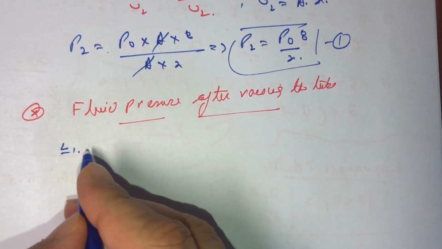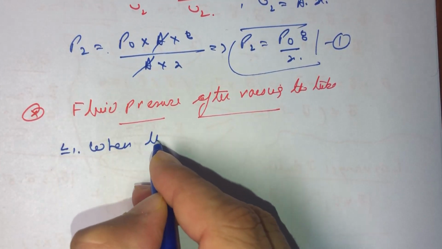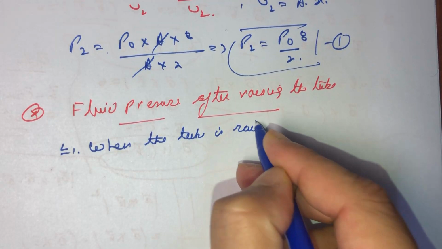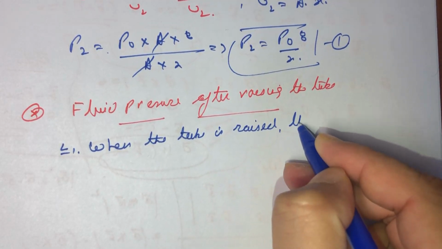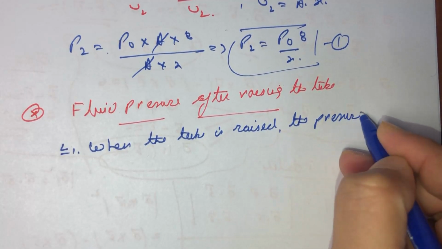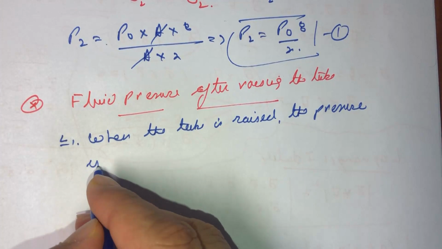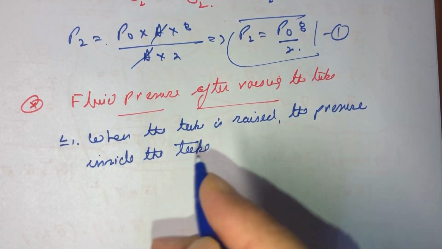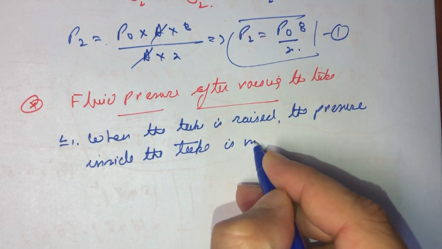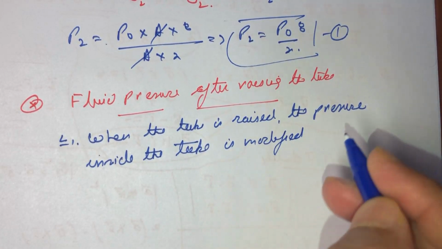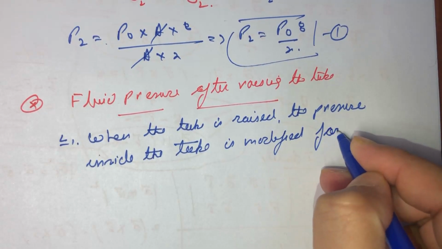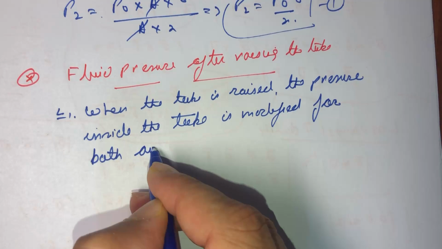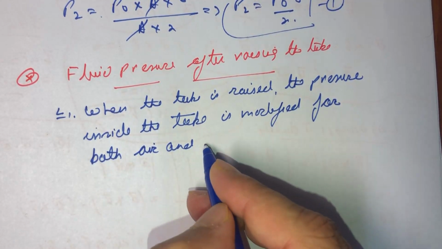We can say from here, when the tube is raised, the pressure inside the tube is modified for both air and mercury.